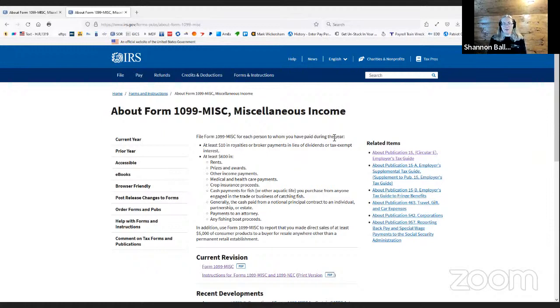We're going to go into that one in more detail later, but just know that it's a box you check on the 1099 saying you did more than $5,000 of sales to a non-permanent retail establishment. It's not only on the 1099 miscellaneous, it's also on the 1099 NEC.